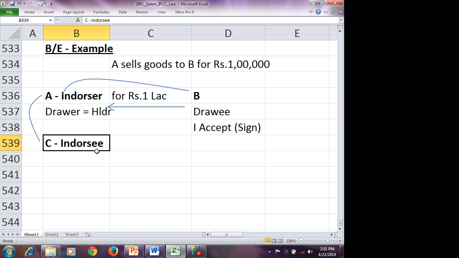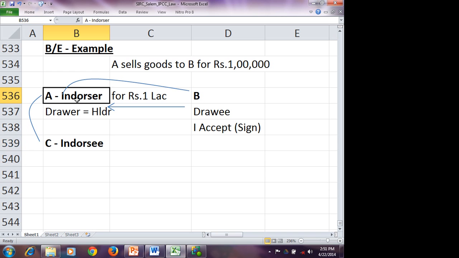A bill of exchange could be drawn in such a fashion that there can be only two parties, or originally when A draws the bill on B, he can straight away give an instruction that you make the payment to C. In which case A will be the drawer, B will be the drawee, and C will be the payee of the bill, who is a beneficiary.